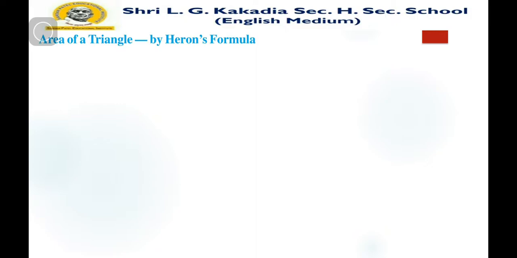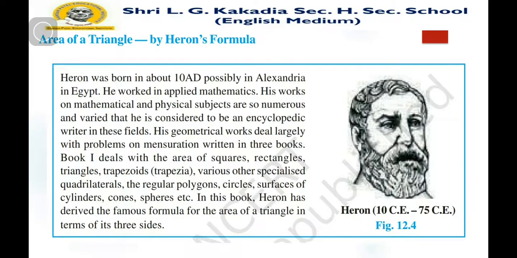So, the area of a triangle by Heron's formula. Some history about Heron. Heron was born in about 10 AD, possibly in Alexandria in Egypt. He worked in applied mathematics. His works on mathematical and physical objects are so numerous and varied that he is considered to be an encyclopedia writer in this field.